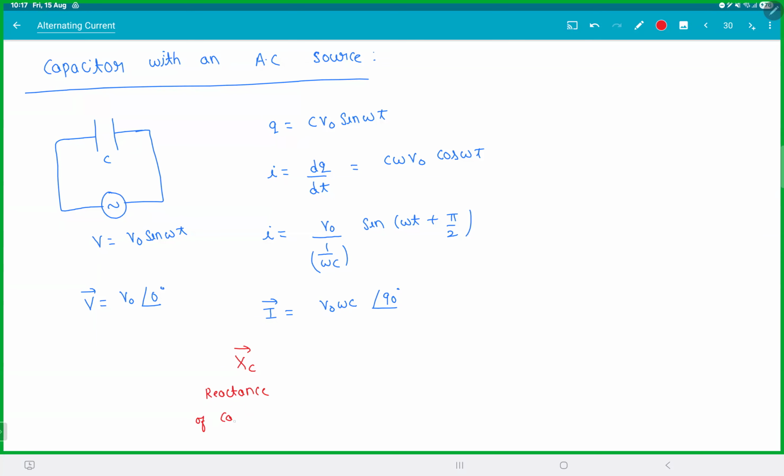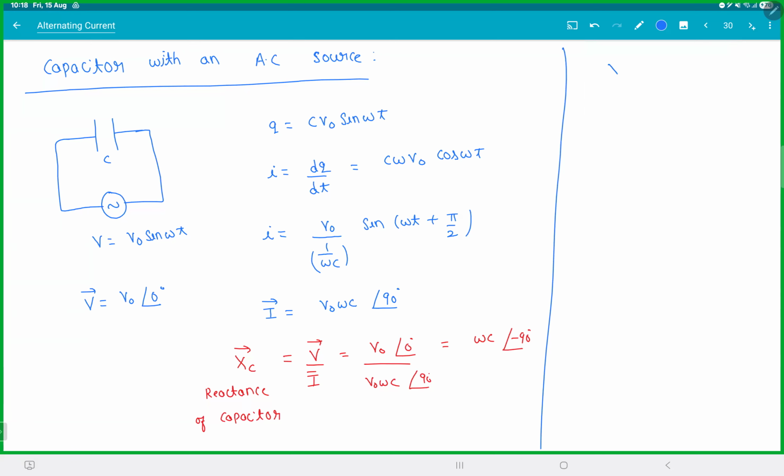This is called reactance of capacitor. For resistors, we call it R. For inductor and capacitors, we call it reactance. And if you're taking a combination of them, we call it impedance. This will be V bar by I bar. This will be V naught 0 degrees by V naught omega C 90 degrees. We get 1 by omega C minus 90 degrees.